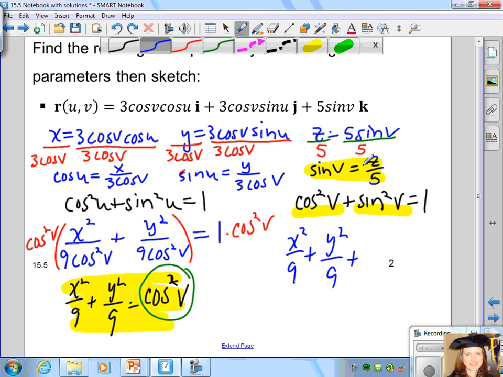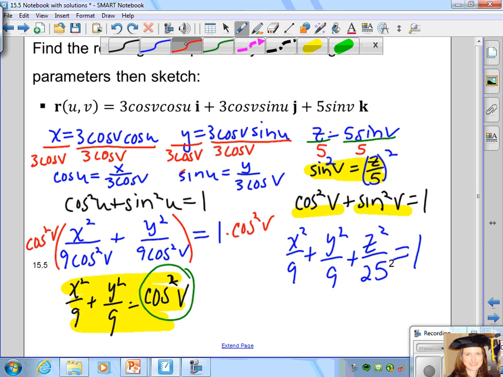We've already solved here for sine v. If you square both sides here, sine squared v is z squared over 25, and that is going to equal 1. We have eliminated both parameters u and v from this equation, so that we end up with the rectangular equation in this form.